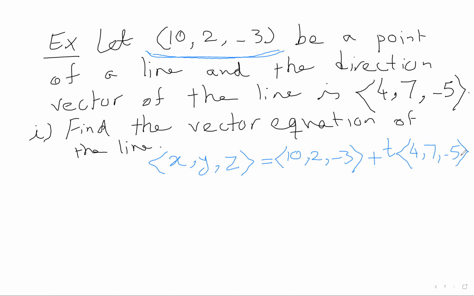As t changes from -infinity to +infinity, I will get one straight line in three-dimensional space. In other words, the endpoints of these vectors x, y, z obtained in this way all form a line as t runs from -infinity to +infinity.